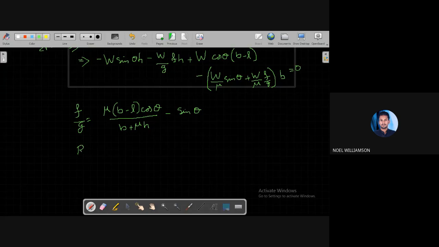So we get RR, the reaction force, the normal force at the rear wheel.